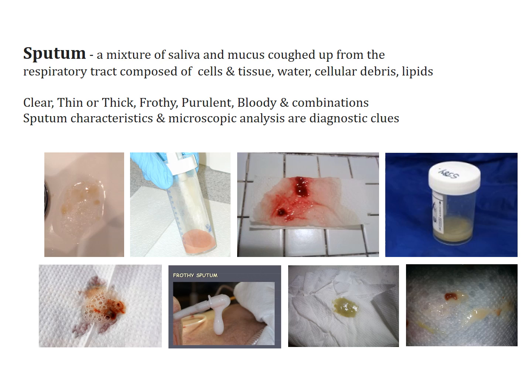Sputum, right? A mixture of saliva and mucus coughed up from the respiratory tract, composed of cells, tissue, water, cellular debris, and lipids. Sputum can come a variety of different ways depending on what the pathology is. Clear and thin, thick and frothy, purulent and bloody, combinations of.